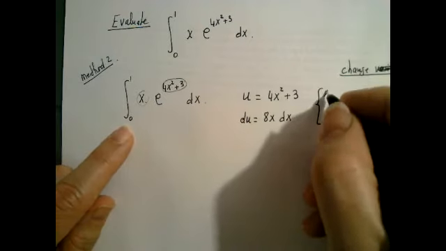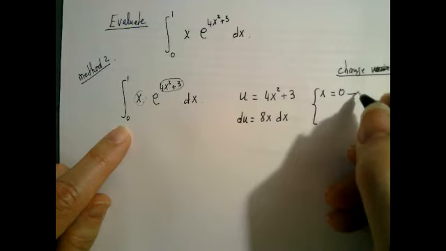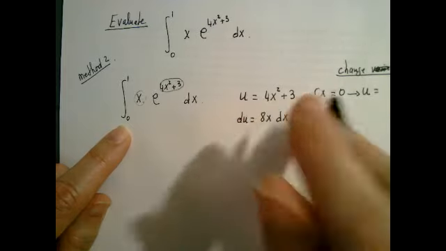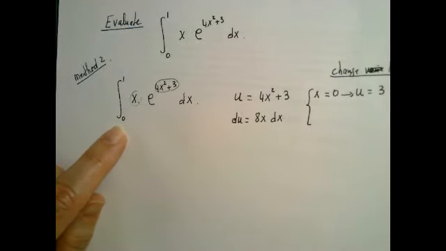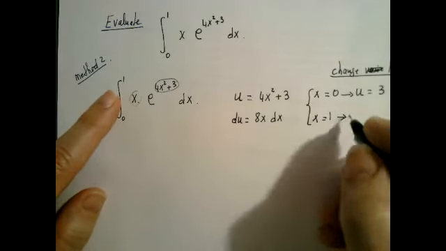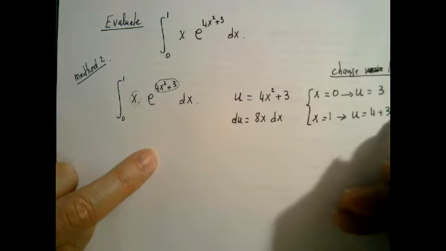So when x is 0, the lower limit, u would be 4 times 0, which is 0, plus 3. So my lower limit is going to become 3 now. When my upper limit x is 1, my u would become 4 plus 3, which is equal to 7.